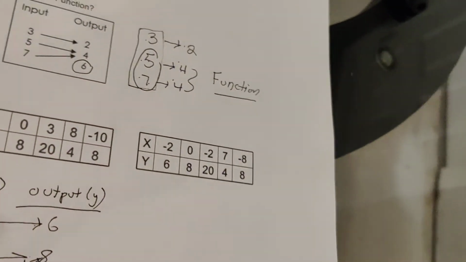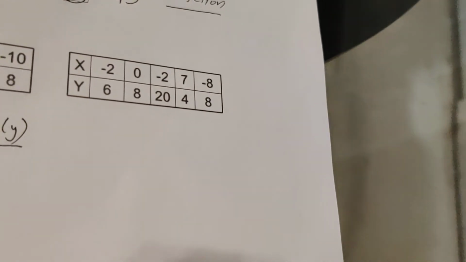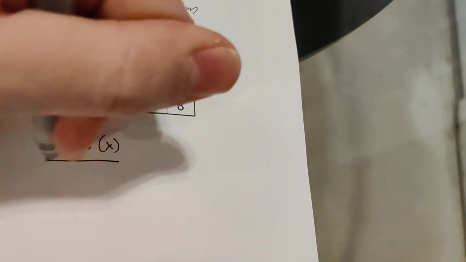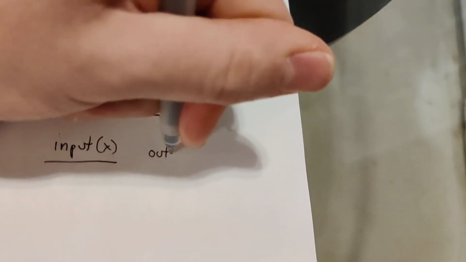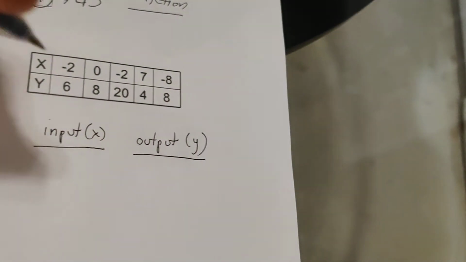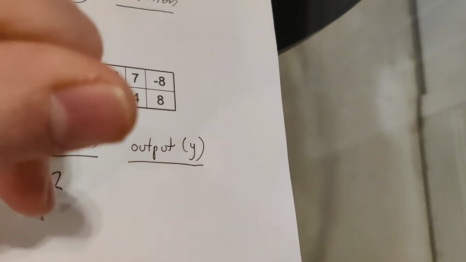All right. Now, let's look at the table on the right. Again, we have to make a mapping diagram. Let's do that. Input X, output Y. My different inputs: we've got -2, 0.